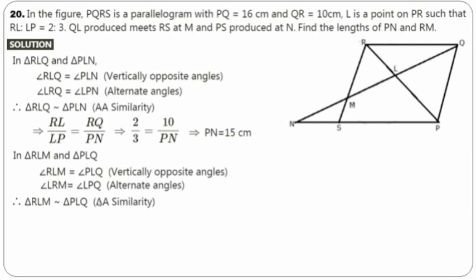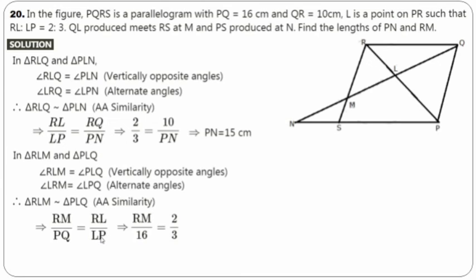So this triangle and this triangle are similar by similarity, and in this case also the corresponding sides will be in proportion, that is RM by PQ must be equal to RL by LP or PL. Now put the value. We need to find RM. PQ is given to be how much? 16, right?